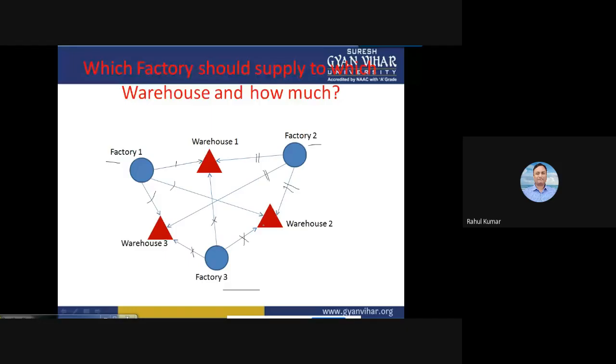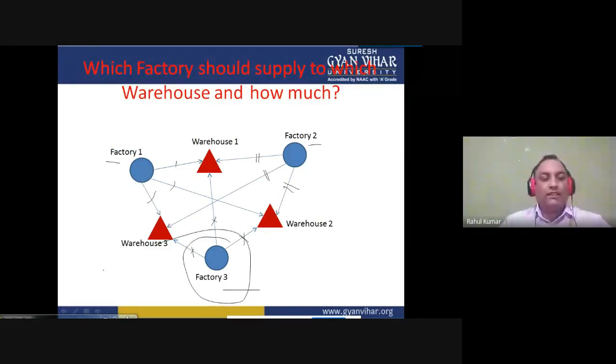So you shift the goods to warehouse 2 and 3 rather than warehouse 1. This is very beneficial for factory 3. This type of approach we will solve in this chapter. This is one best example of which factory should supply to which warehouse and how much quantity of goods.